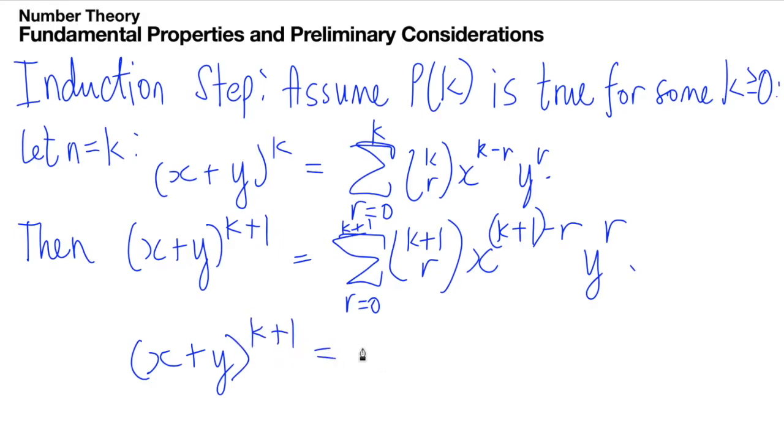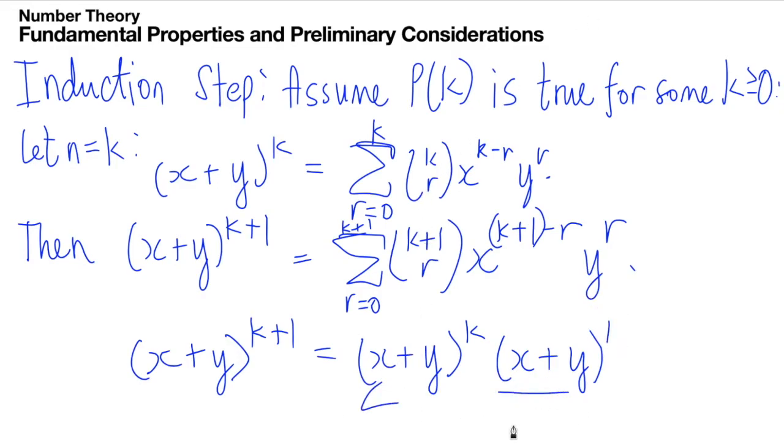This is equal to (x + y)^k times (x + y). What happened here? We just followed the law of product in the exponent. Imagine there's a 1 here. If the bases are the same, we simply add the exponents, right? So this k plus 1 can be written as this.